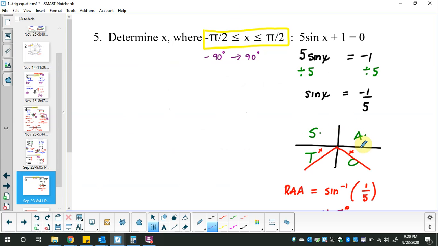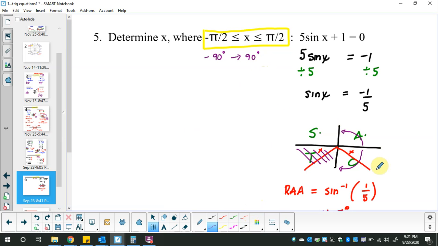So I need to make sure that I go in this direction 90 degrees and in this direction 90 degrees. So even though that's a perfectly acceptable answer for some questions, it's not a perfectly acceptable answer for this question because it's out of the space.